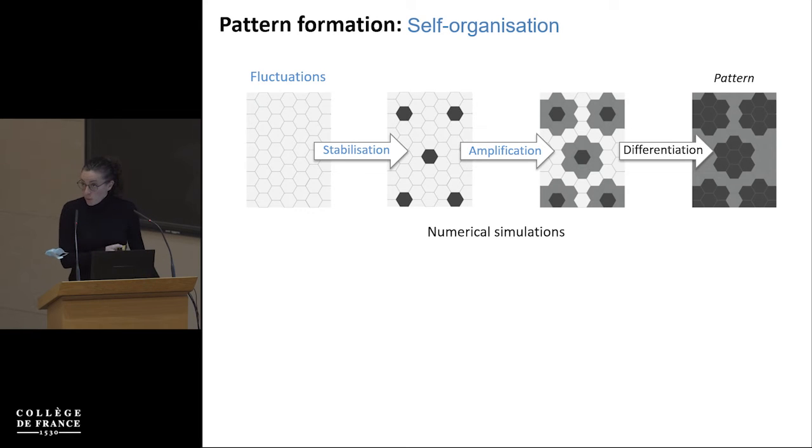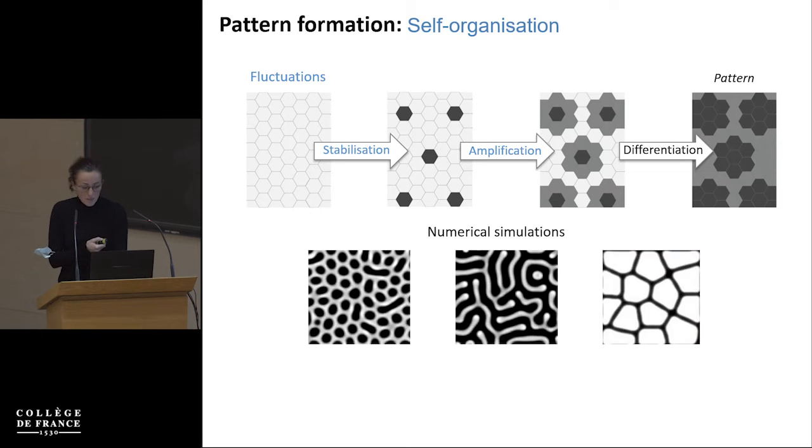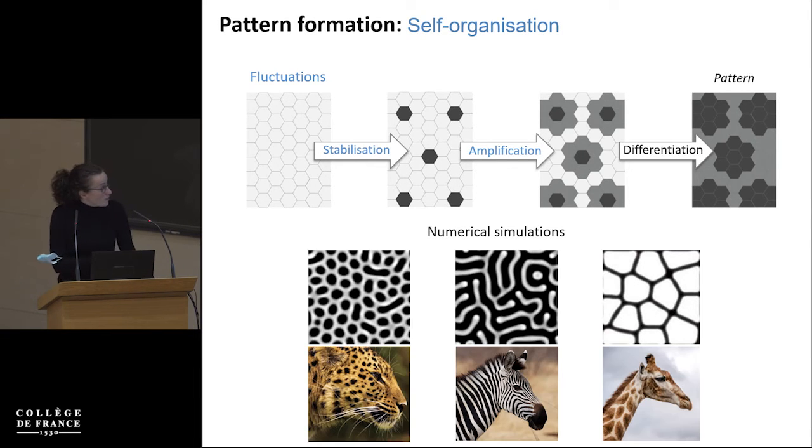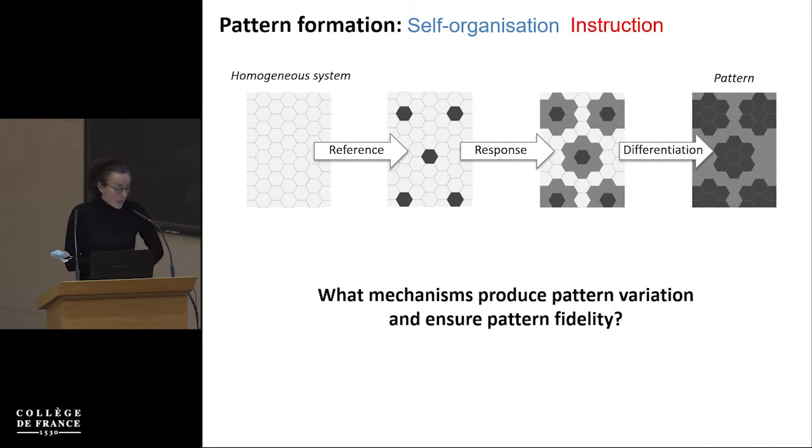Since then, his equations have been used in numerical simulations that, with some parameters, can create these visible patterns. And what's really cool is to see that these visible patterns mimic some patterns that we can see in nature. So self-organization and instruction today are really thought to be involved in the formation of natural patterns.